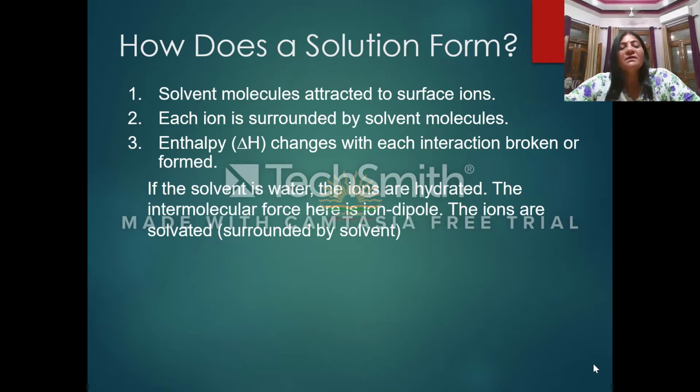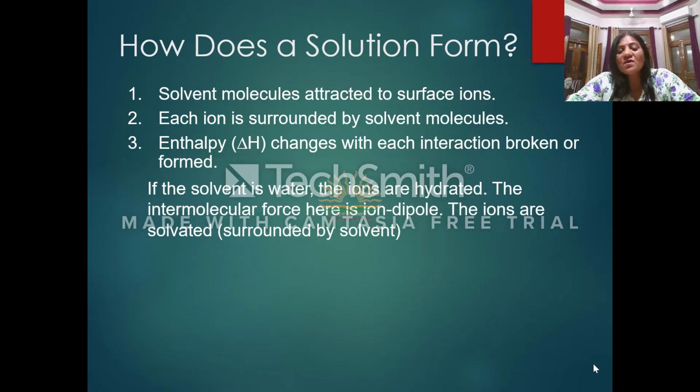Now the next topic: how does a solution form? How does a solution form between the solvent and solute? Solvent molecules are attracted to surface ions. Each ion is surrounded by solvent molecules, and enthalpy changes with each interaction, broken or formed.